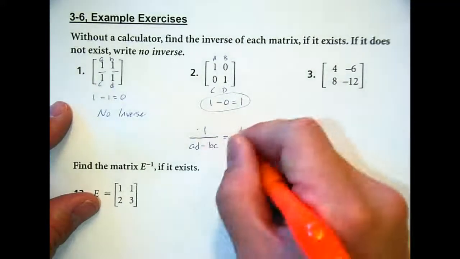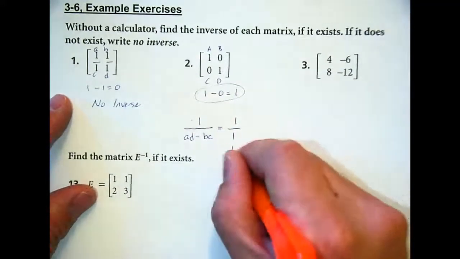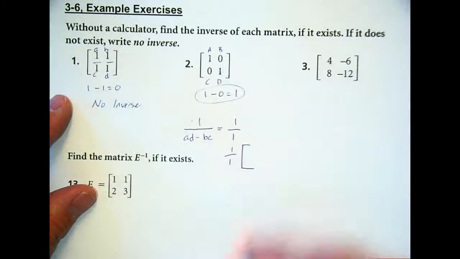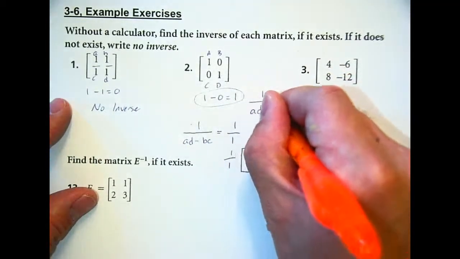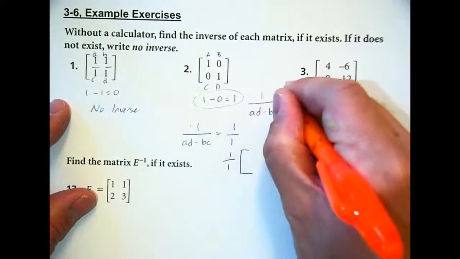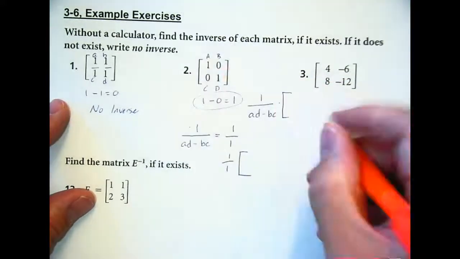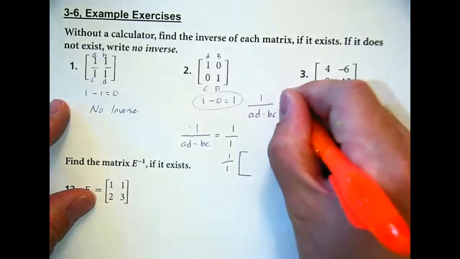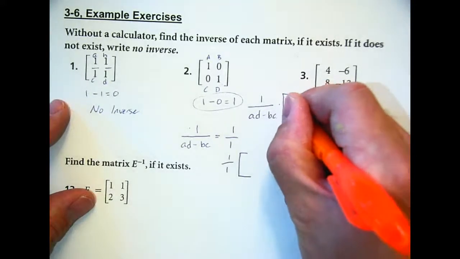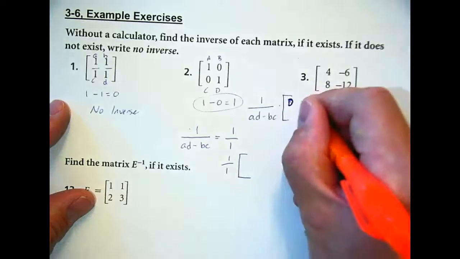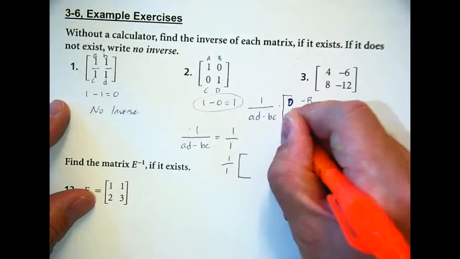Okay, but you're multiplying that by, we have 1 over 1 times the messed up matrix, right? So the formula is 1 over AD minus BC times our jumbled up matrix. A moves down to here, D moves up to here. Okay, so AD, and then B becomes opposite, and C becomes opposite.